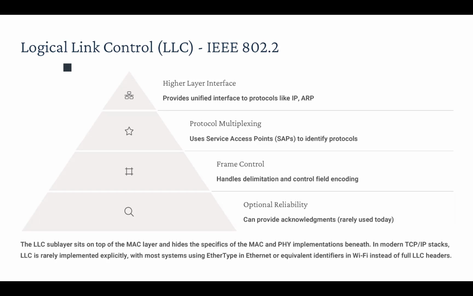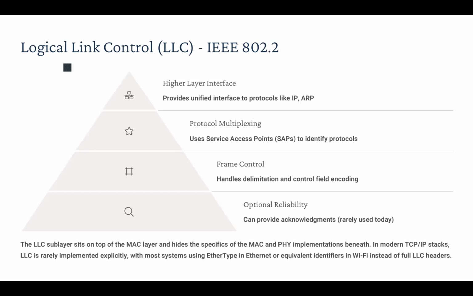The LLC enables protocol multiplexing by using service access points, SAPs, and this serves as an identifier to distinguish between the different upper layer protocols within the same data frame.